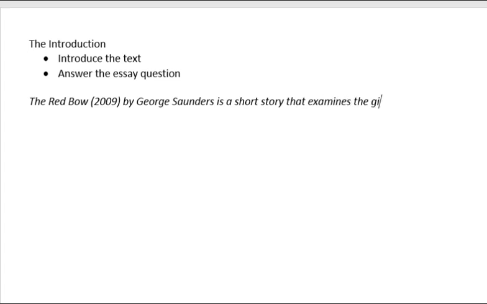So we might just start with a simple statement that introduces the text. So The Red Bow, 2009, by George Saunders, is a short story that examines the grief and response of one family who tragically lose their daughter in a dog attack.